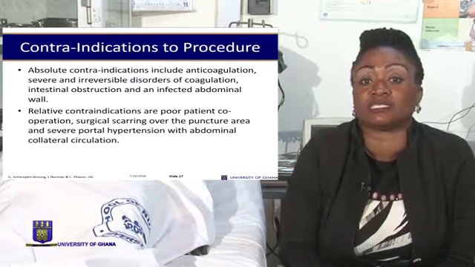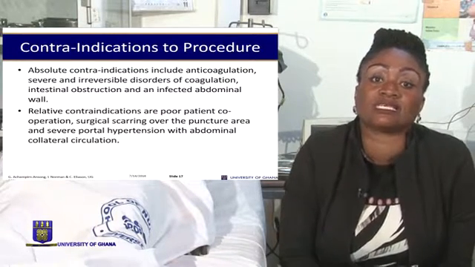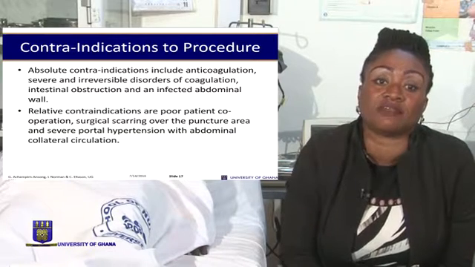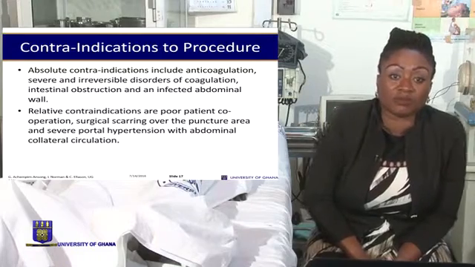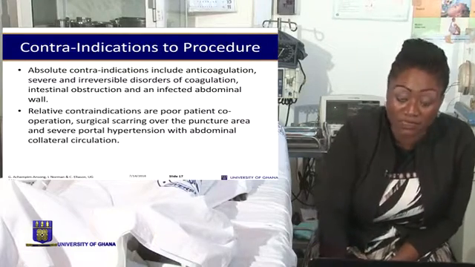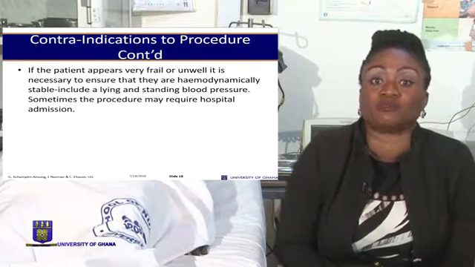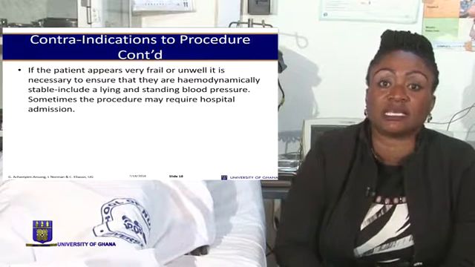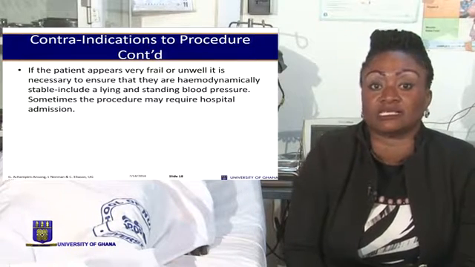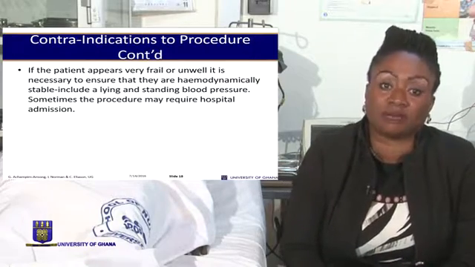Relative contraindications are poor patient cooperation, surgical scarring over the puncture area, and severe portal hypertension with abdominal collateral circulation. For patients who appear to be very frail or unwell, it is necessary to ensure that they are hemodynamically stable, including lying and standing blood pressure.